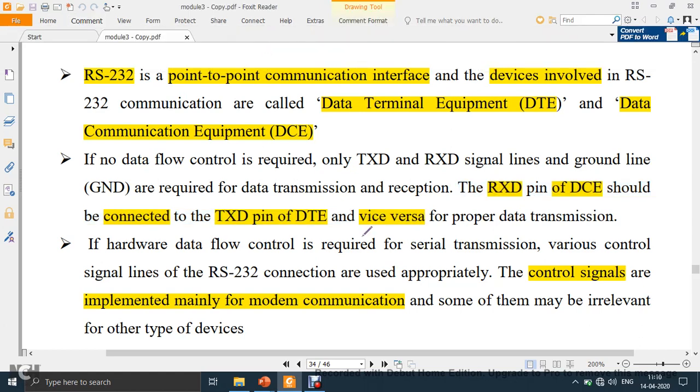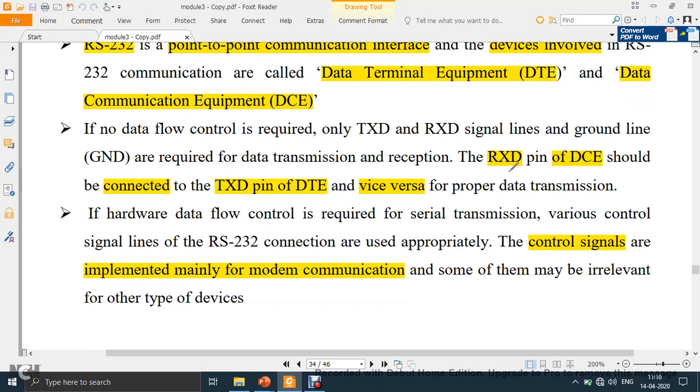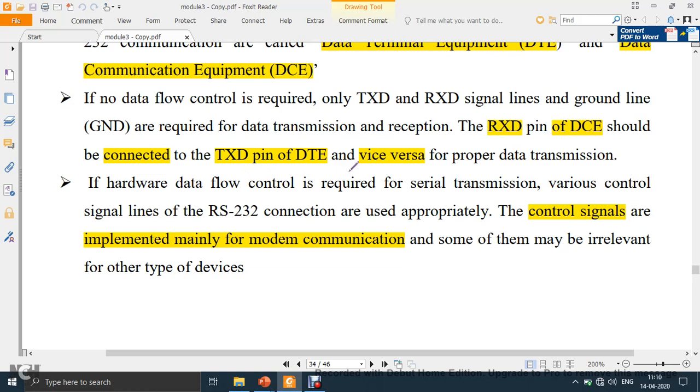With two devices supporting UART, the TXD pin of device 1 should be connected to the RxD pin of device 2, and the TXD pin of device 2 to the RxD pin of device 1. That is cross-coupled connections. The same holds true here, because this is nothing but an extension of UART.